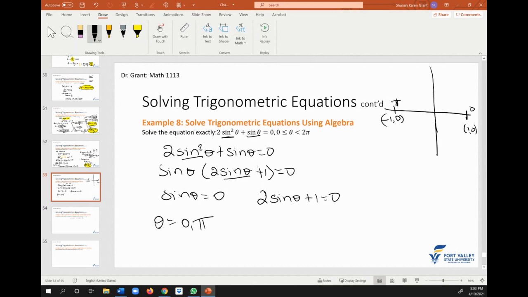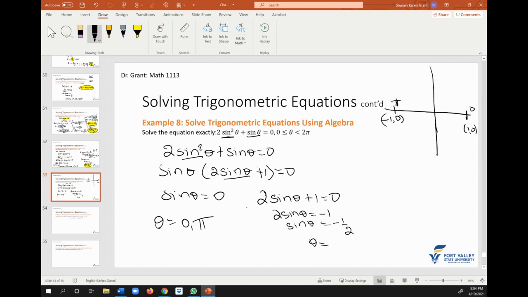Alrighty, so now the other option: if we solve, we have 2 sine theta equals -1, and then we have sine theta equals -1/2. And so again, we think, what values of theta would give us -1/2 when we take the sine of it?